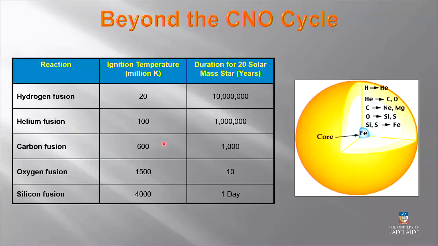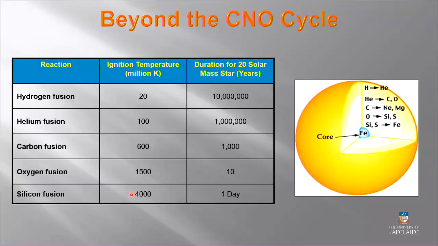So at 600 million degrees, carbon starts to fuse into neon and magnesium, and that only lasts for about 1,000 years. And at 1,500 million degrees, the oxygen starts to fuse into silicon. And this only lasts for 10 years.